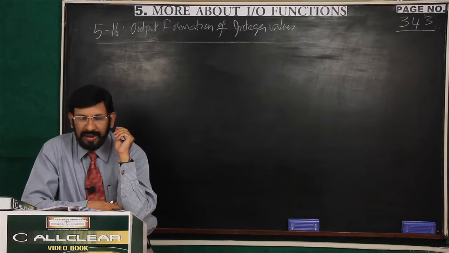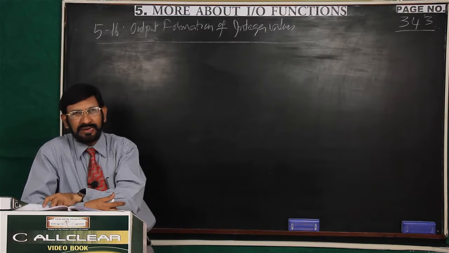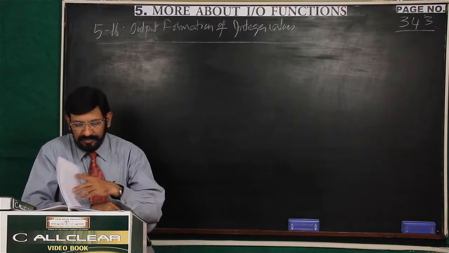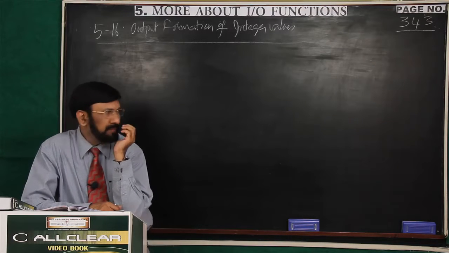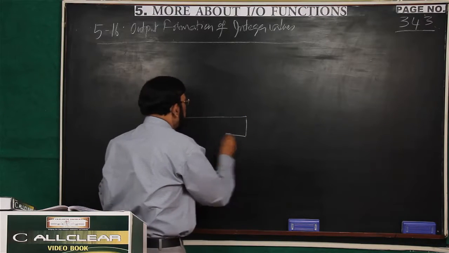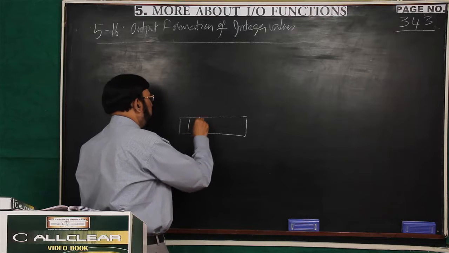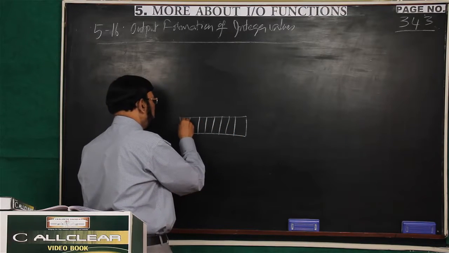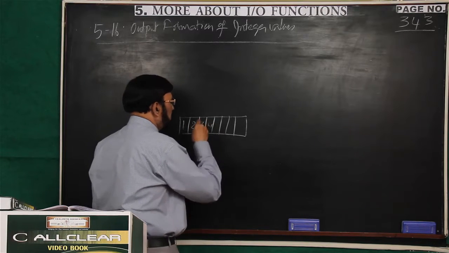And %-8d means that 1234 is printed with left justification. 8 spaces are allocated: 1, 2, 3, 4, 5, 6, 7, 8.